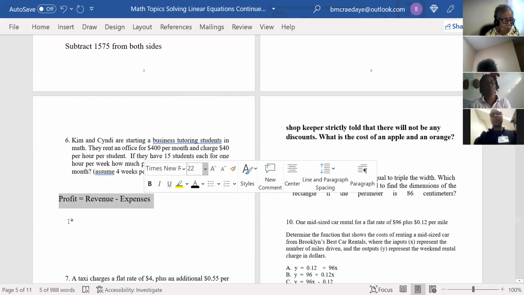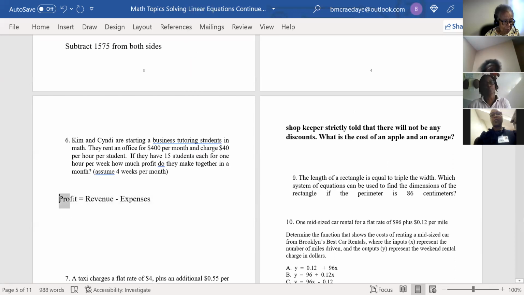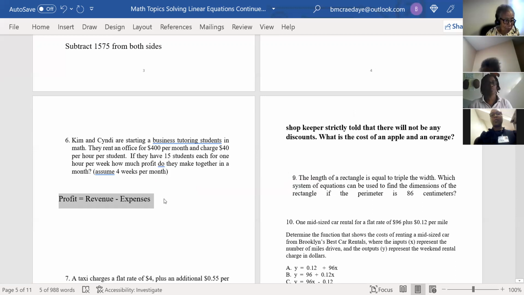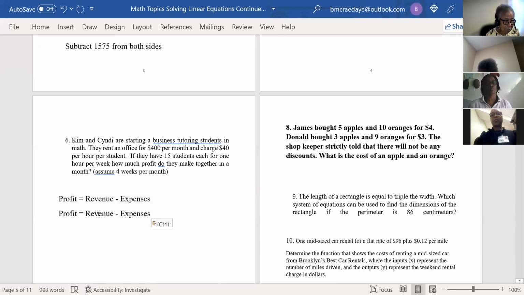So let's just copy this and put in our expenses. Now we have to figure out our revenue. So our expenses are $400 a month.